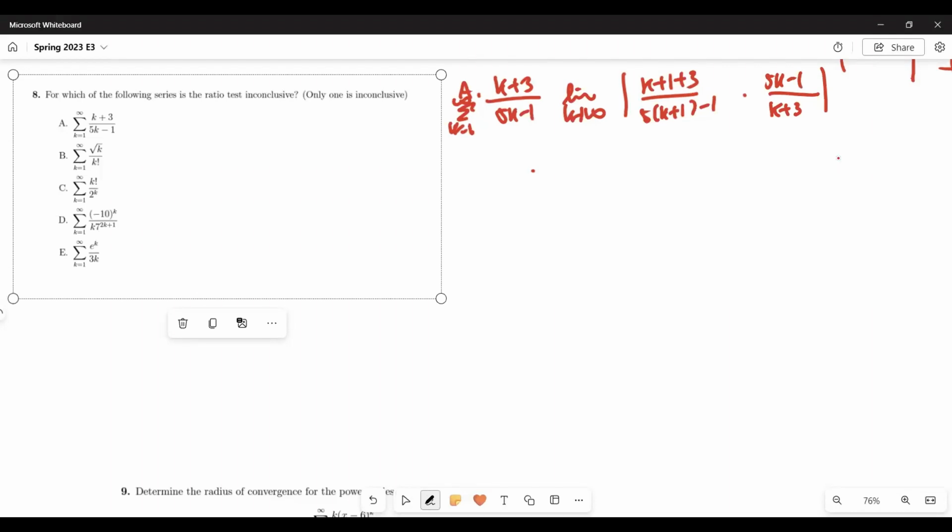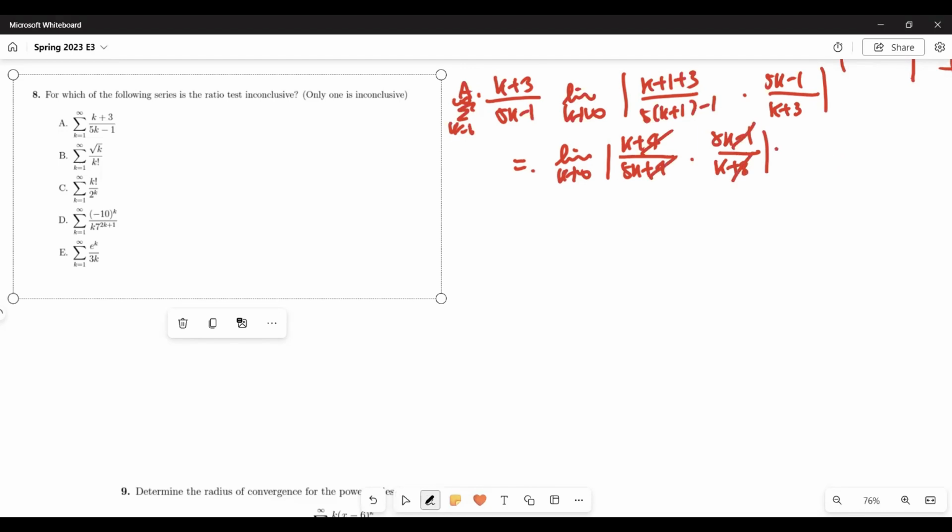So this becomes the limit as k goes to infinity of k plus 4 over 5k plus 4, times 5k minus 1 over k plus 3. The numbers are trivial, so they don't matter.